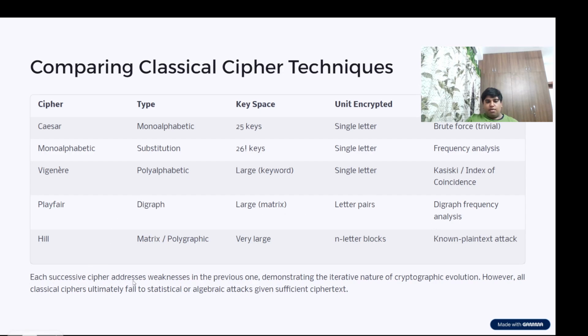Each successive cipher addresses weaknesses in the previous one, demonstrating the iterative nature of cryptographic evolution. However, all classical ciphers ultimately fall to statistical or algebraic attacks given sufficient ciphertext.